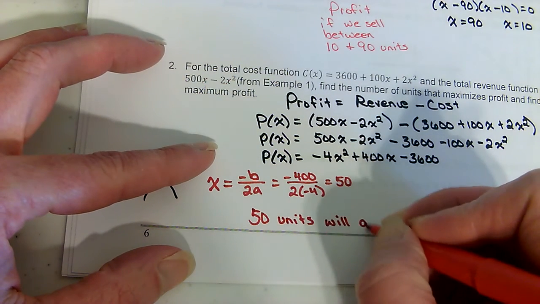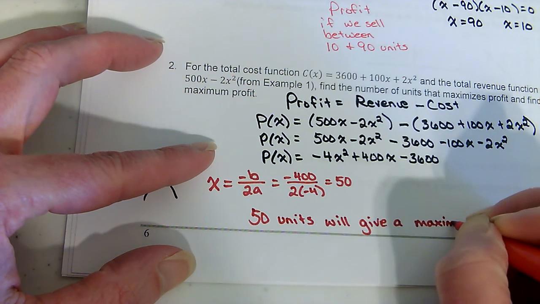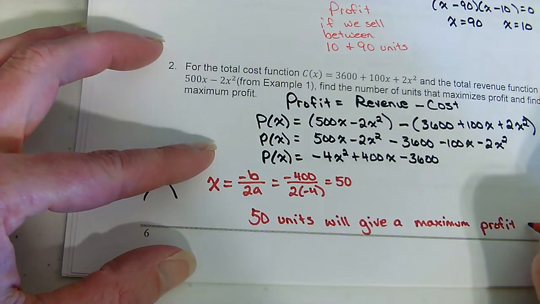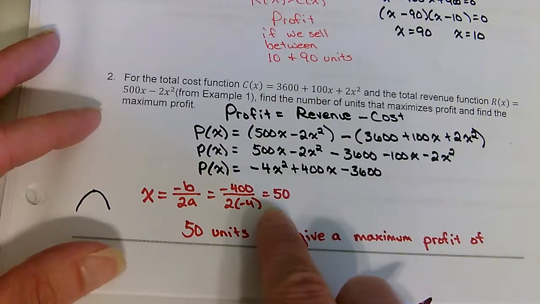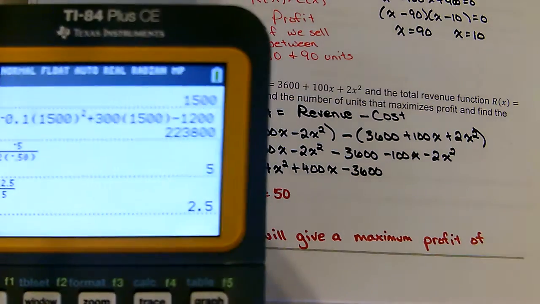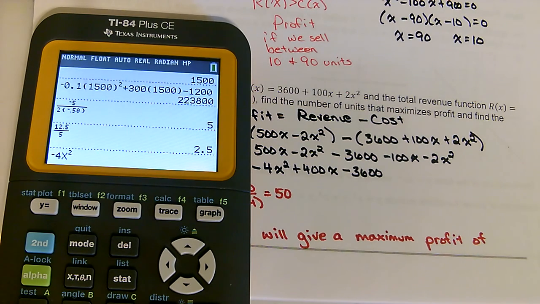will give a maximum profit of how much? So I would just need to plug in that 50 into that function. So that would be negative 4x squared plus 400x minus 3600.